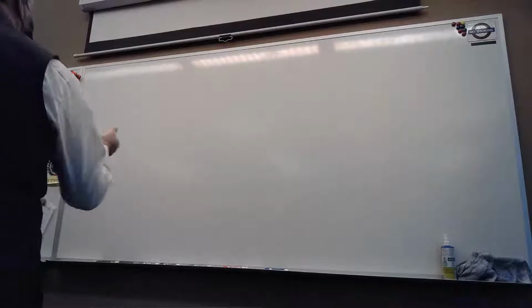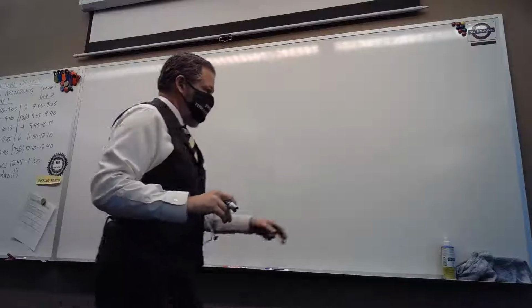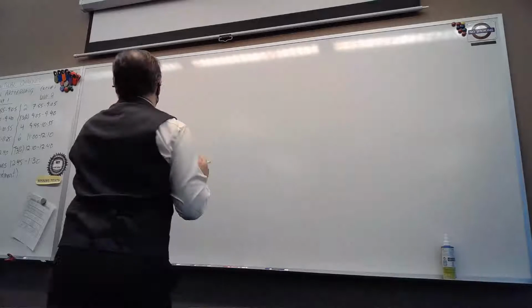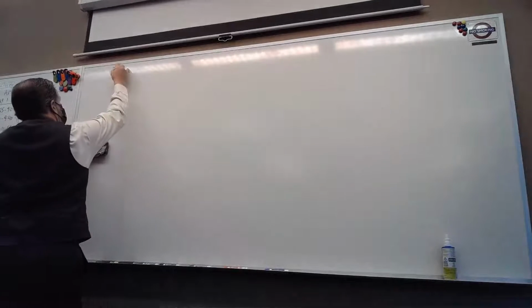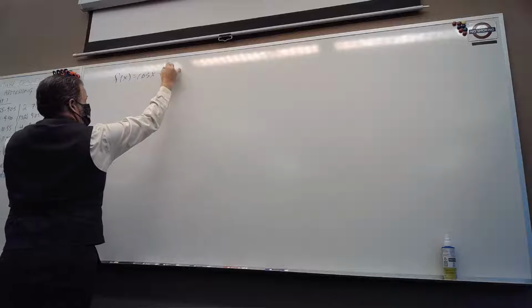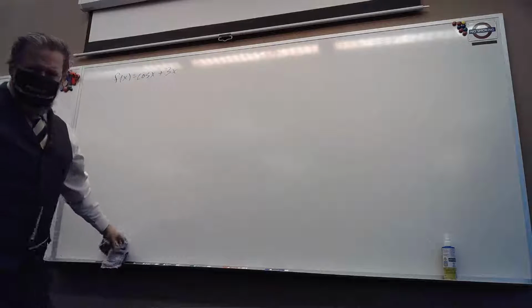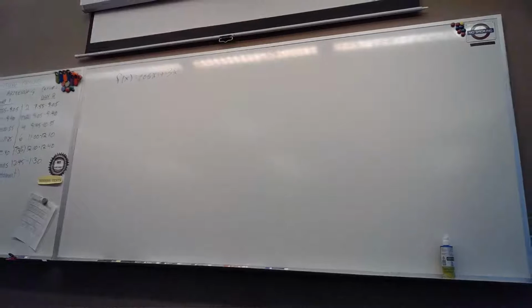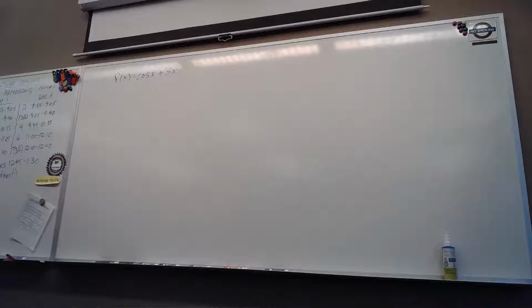Let f of x equal cosine x plus 3x. And the question says, show that f has a differentiable inverse. Find the inverse at 1 and the derivative of the inverse at 1.